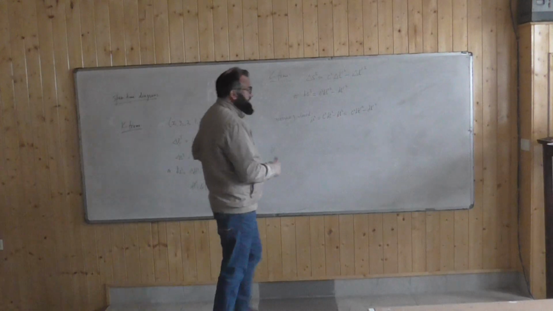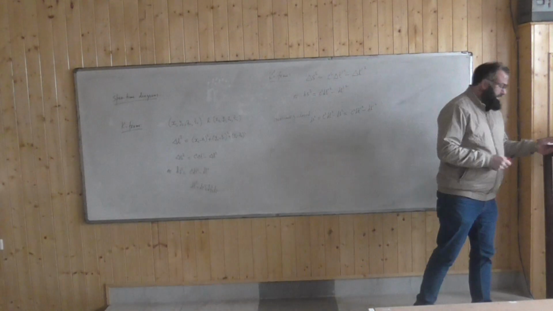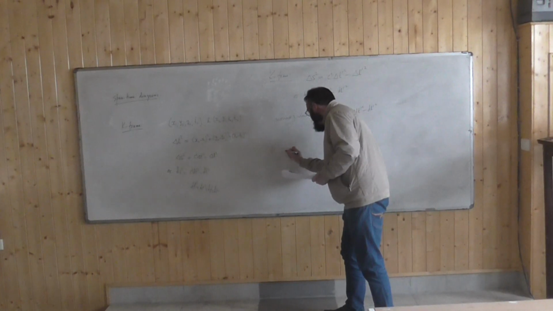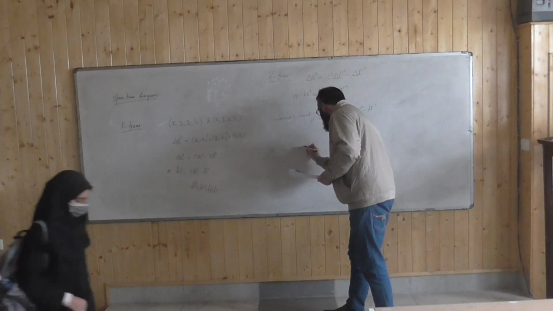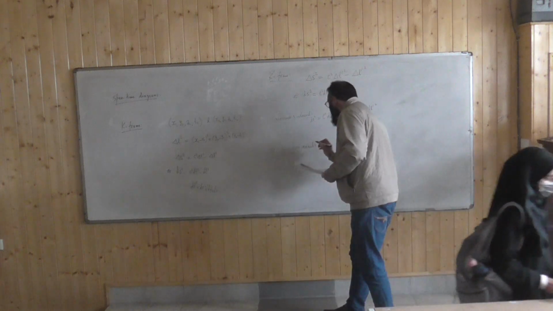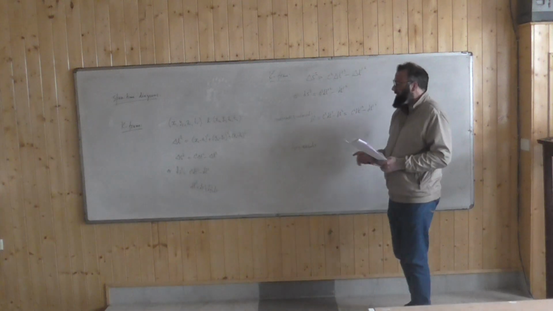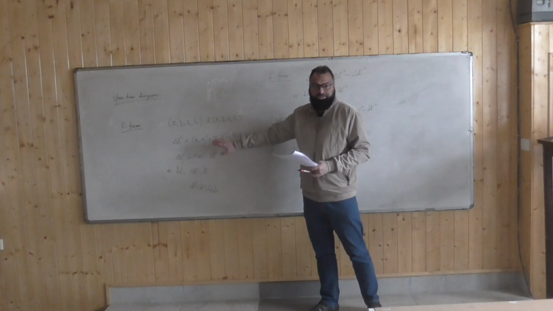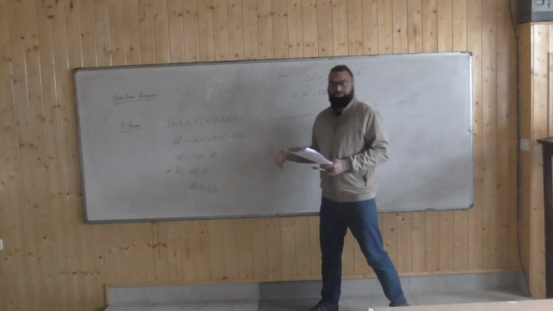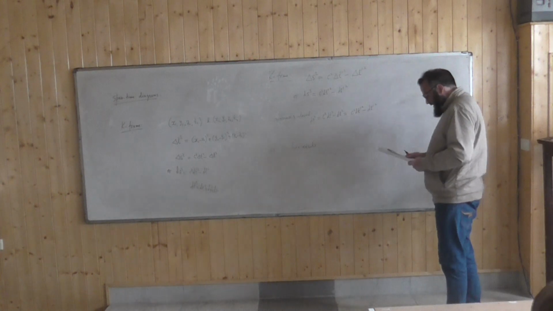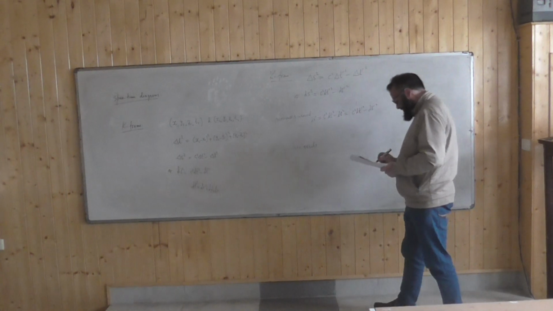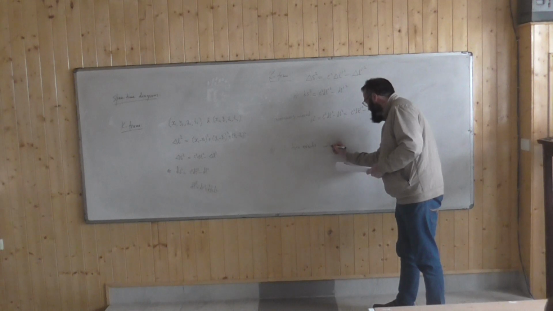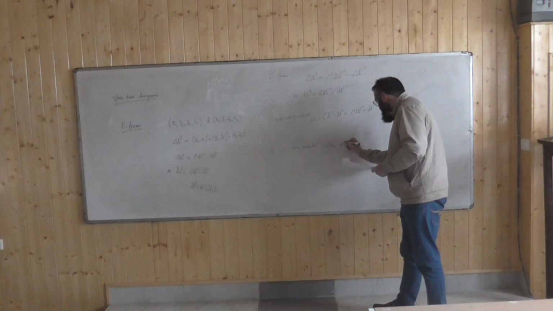So let's take this first question. I am taking two events, let's say in the K frame; they are not simultaneous, they occur at two different points. Now we ask, in another frame, can they occur at the same spatial point?